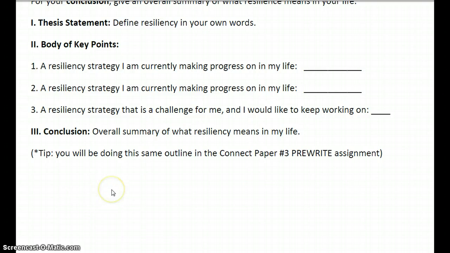You'll put together an outline. I do want to remind you, when you go into Connect, the pre-write is an outline. You're not writing long paragraphs. You're listing your points, maybe giving a few phrases of examples, but you are not writing the whole paper out on the outline, the pre-write.